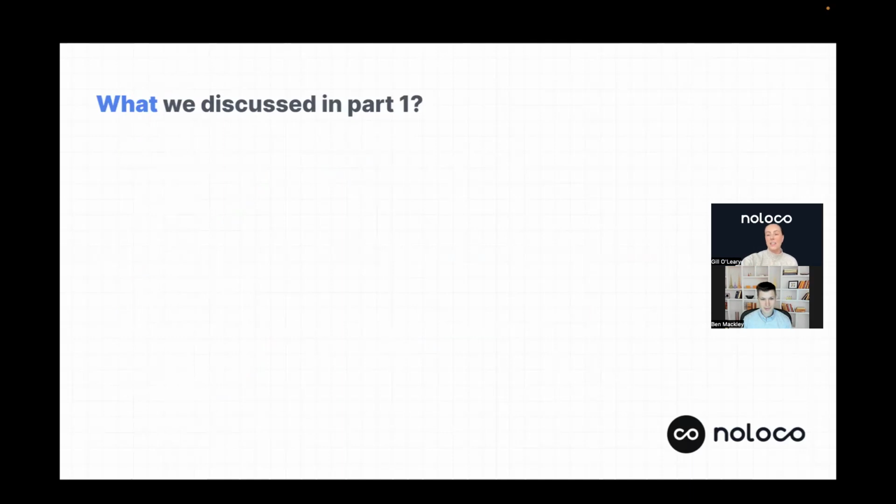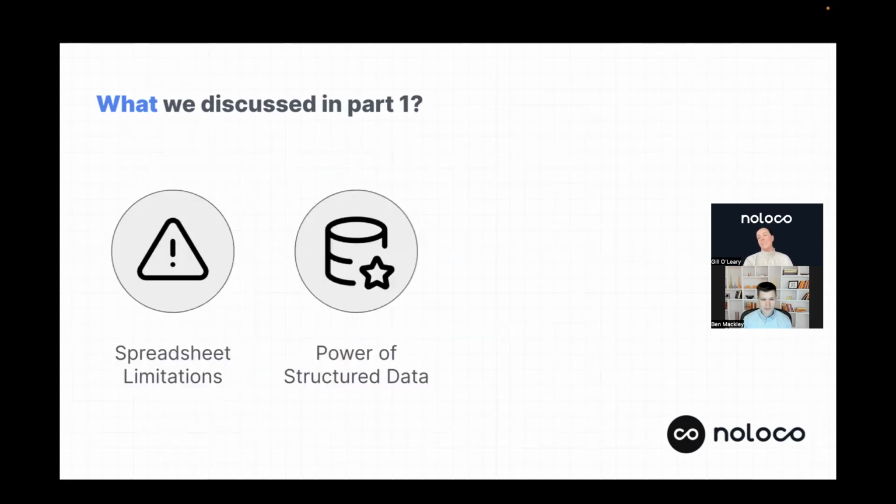As a brief synopsis, the first part of the session in part one was all about understanding the limitations of spreadsheets. Although we love spreadsheets and are so familiar with them, and many people use them every day in business, running your entire business operations off them might not be the most sustainable approach.